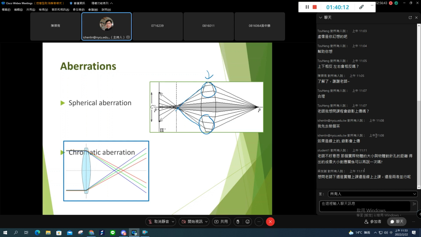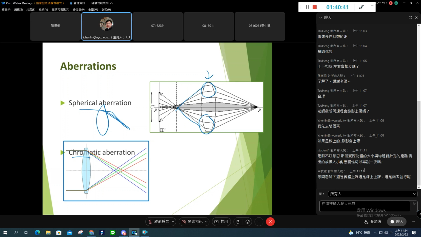In addition to spherical aberration, there is also so-called chromatic aberration. That means if you bend light through the lens by refraction, different wavelengths of rays will have different refraction angles.